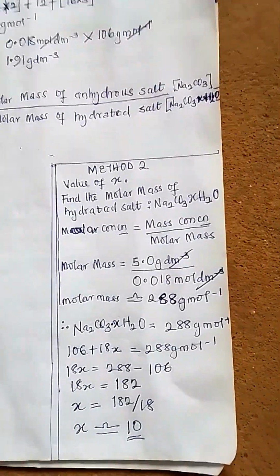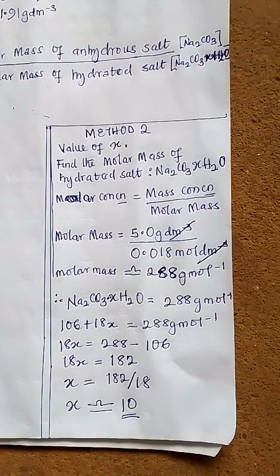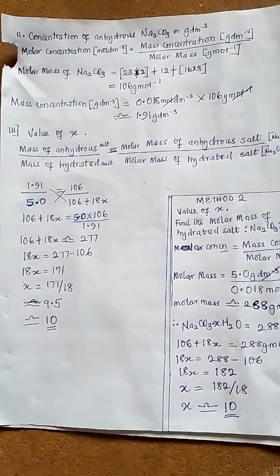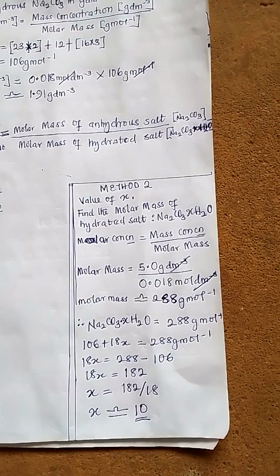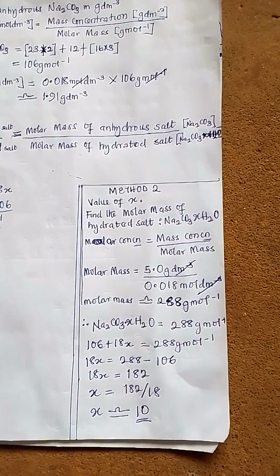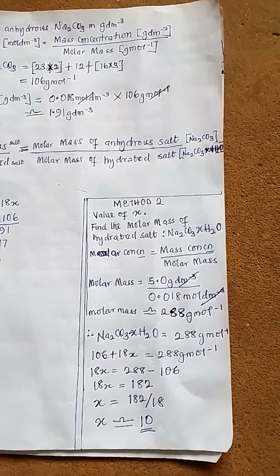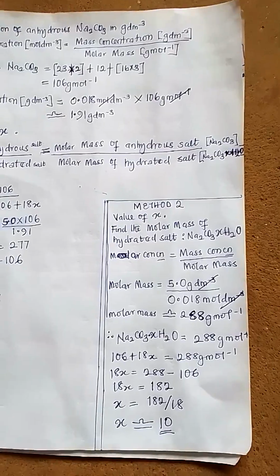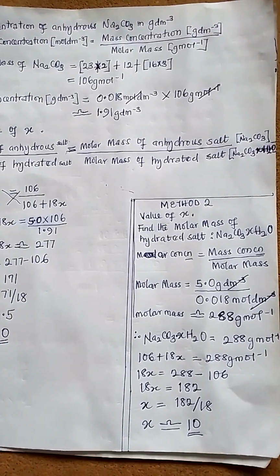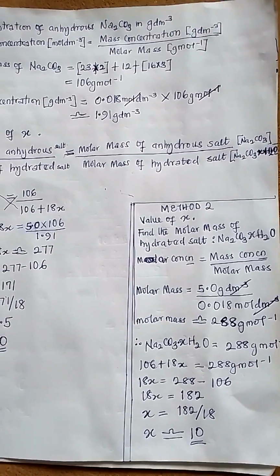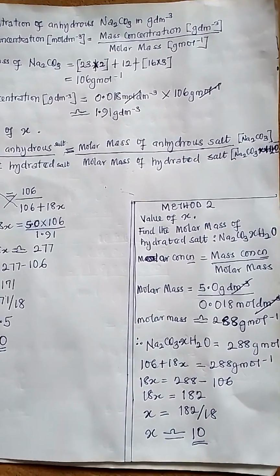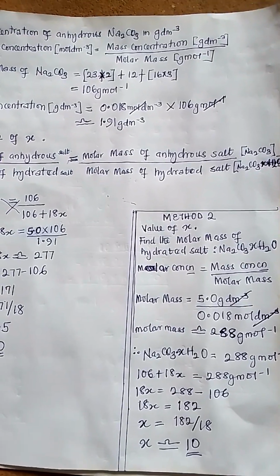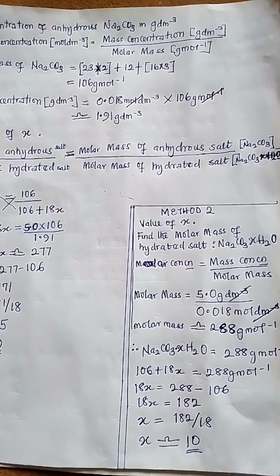Let's look at the second method. The second method to find the value of x is a little bit different from the first method. First you calculate the molar mass of hydrated salt, and equate it to that compound, and you can find the value of x. To calculate the molar mass of hydrated salt, we make molar mass the subject of the formula: mass concentration in gram per dm cube all over molar concentration.